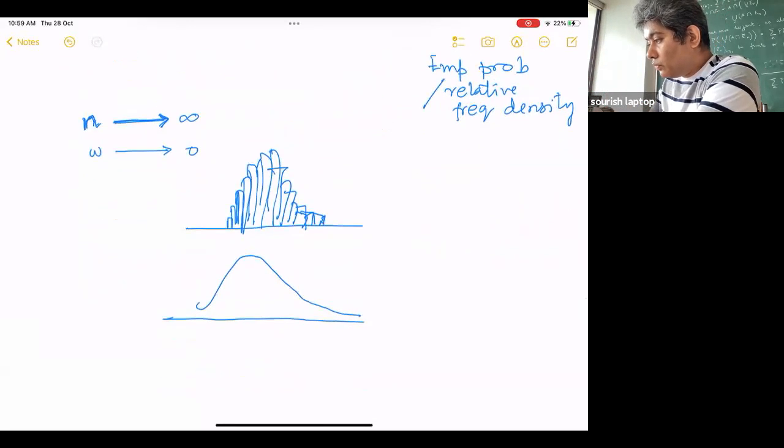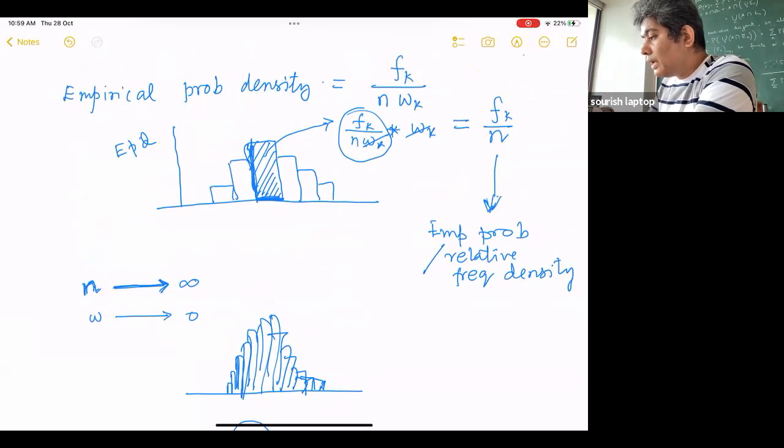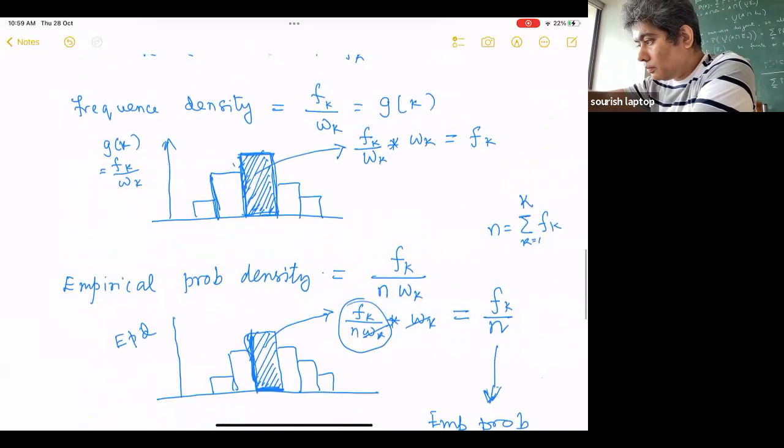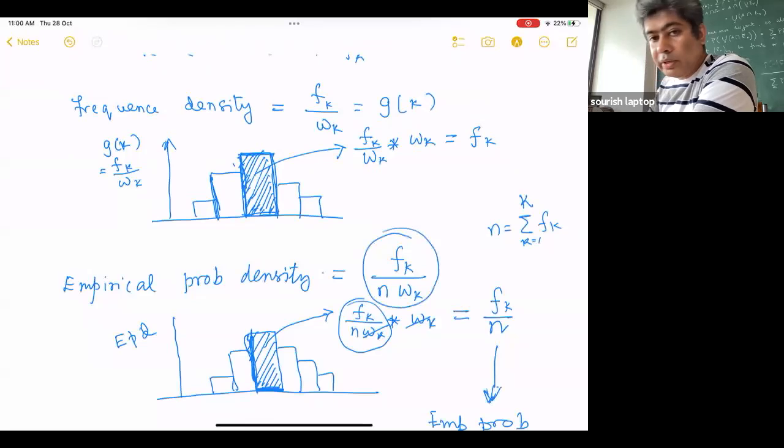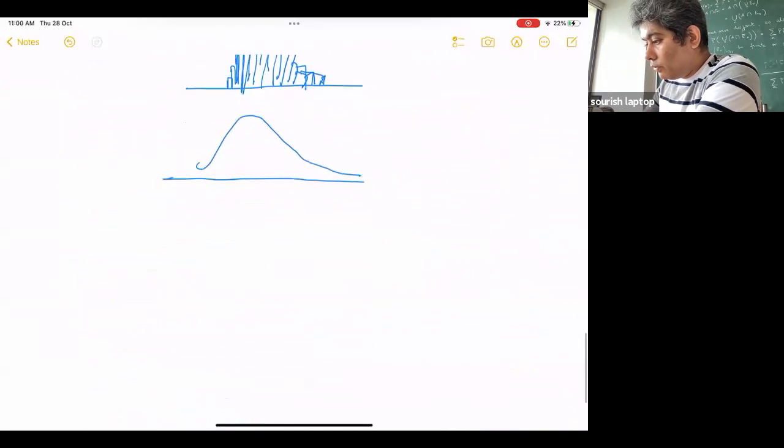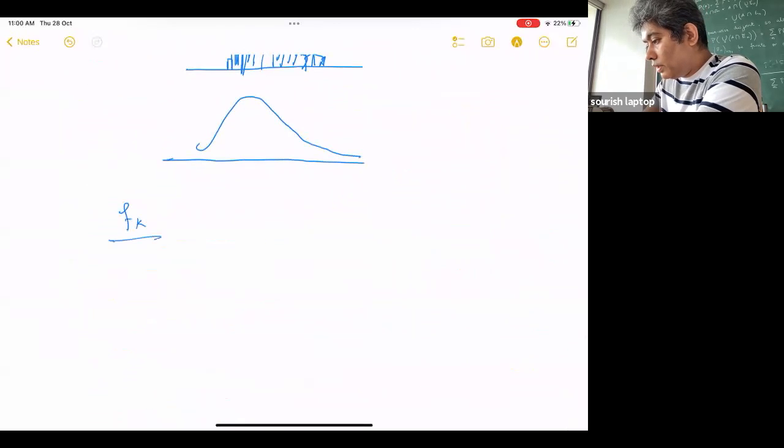Now we can say that this empirical probability density, fk by n times Wk, converges to some f of x as n goes to infinity and W goes to 0.